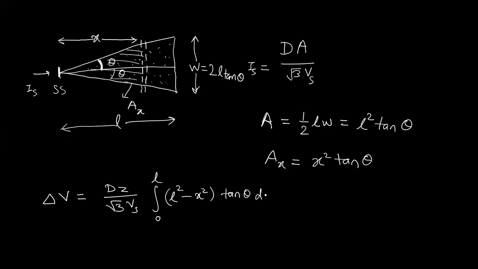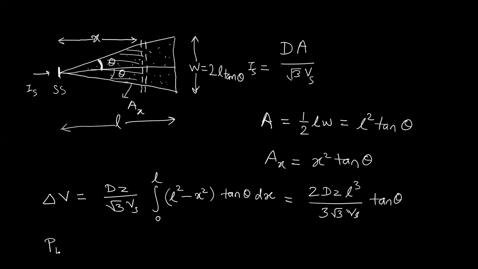So tan theta dx. Okay, so we can solve this integration, and what we get finally, that term I'm writing here. So we get 2 D L cube divided by 3 root 3 Vs into tan theta. So that is the final equation we get.